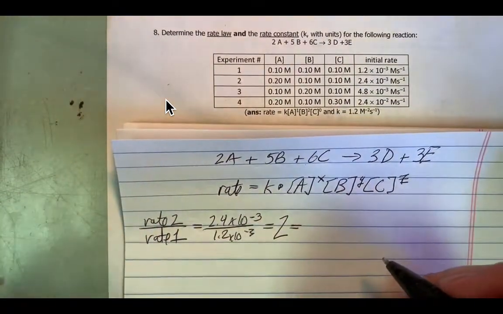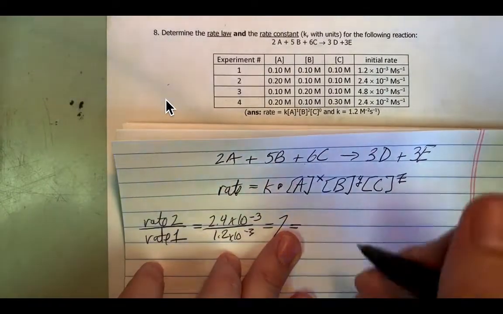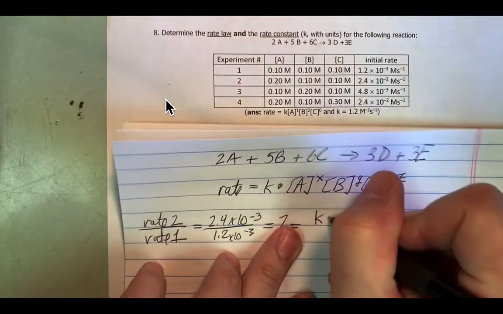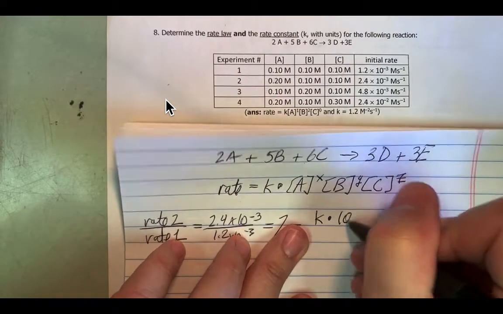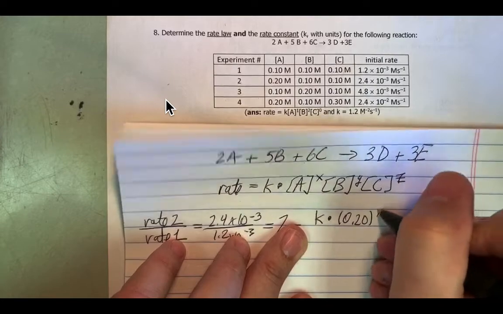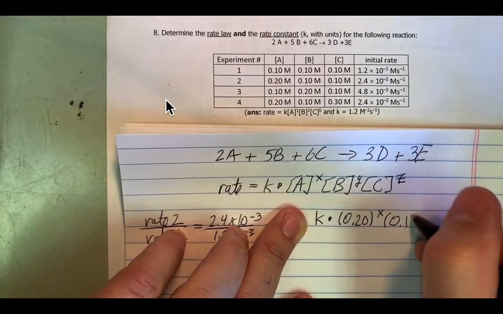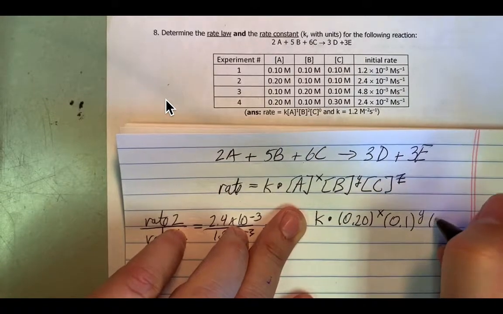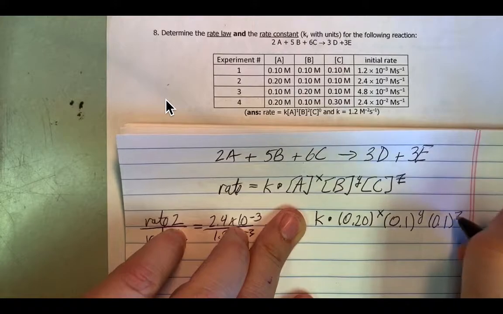And so now for rate 2, it's going to be k times the concentration of A raised to the X power, the concentration of B raised to the Y power, and the concentration of C raised to the Z power.